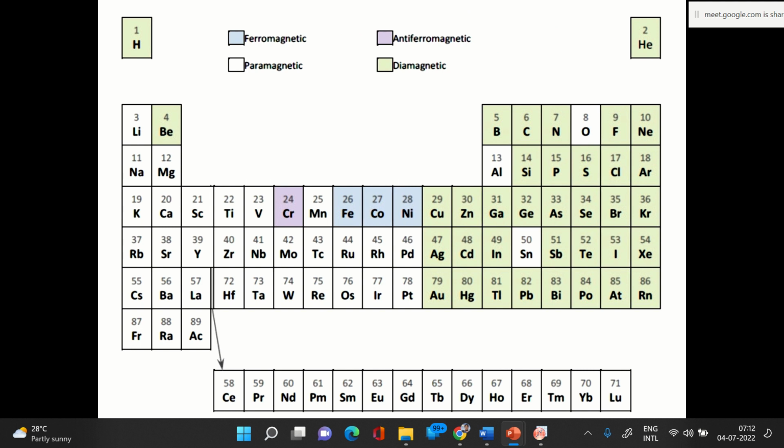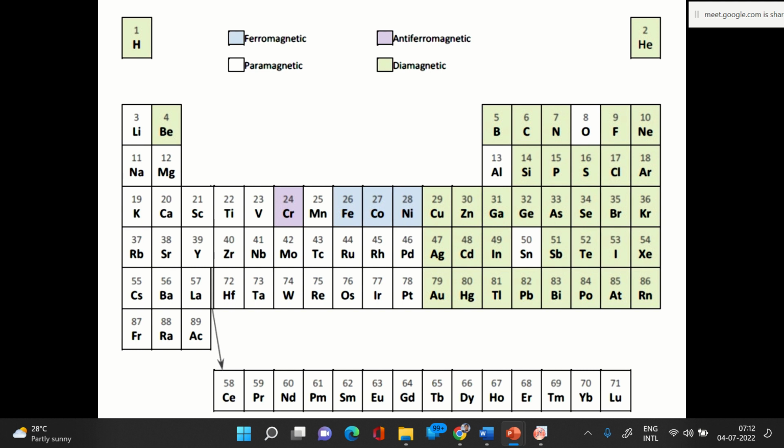So now let's look at the periodic table and find what kind of magnetism is observed in the entire periodic table. This is the starting point of our discussion on magnetic materials.